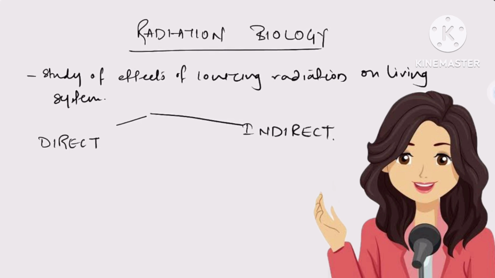All right. What is direct effect? Direct effect is when the photons hit the tissues, the energy of photons is directly transferred to the biological macromolecule, causing damage.